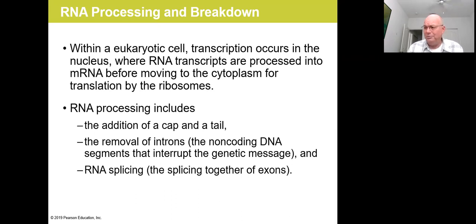And we'll encounter that as we go through the presentation. And you'll see it mentioned in some of the animations that are included in here as well. So we've got 3 different things that take place after we have the transcript made by the RNA polymerase. We've got to cap and tail it, give it some protection. We've got to cut out the introns, because they're all the non-coding interruptions. And then we've got to splice the exons together. So let's take a look at what happens here.